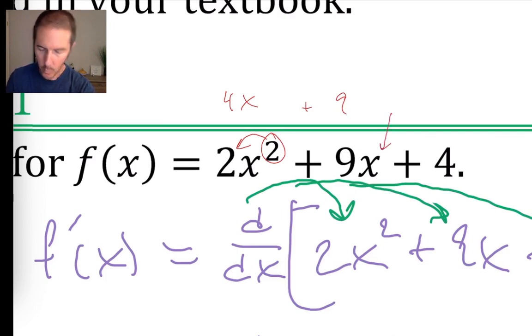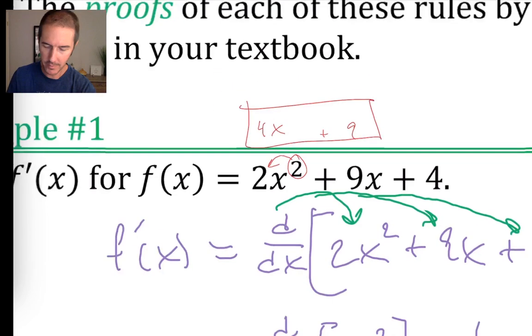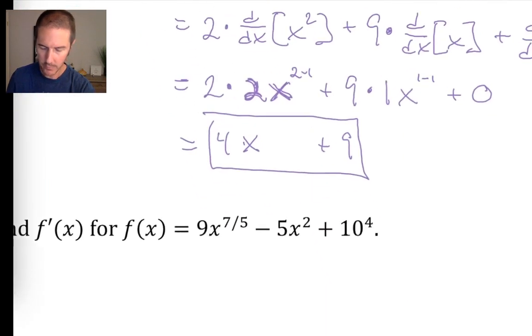And what's an exponent of 1 minus 1? Well, 1 minus 1 is 0. What's x to the 0? 1. So this is really 9 times 1. But nobody writes 9 times 1, you just write the 9. Hey, look at that. 4x plus 9. Guess what the first derivative is? 4x plus 9. So if you know how to multiply and subtract, you could pretty much take that derivative in your head.